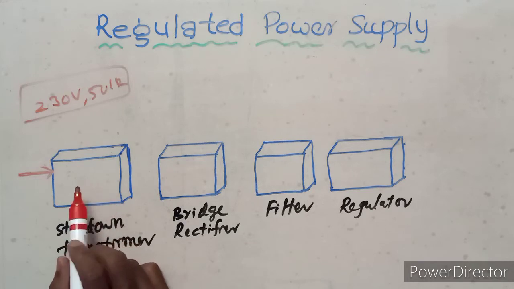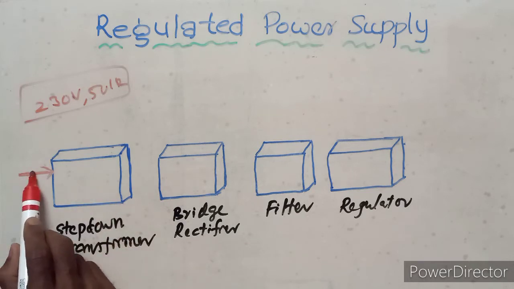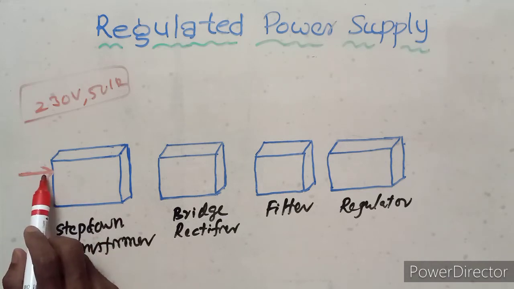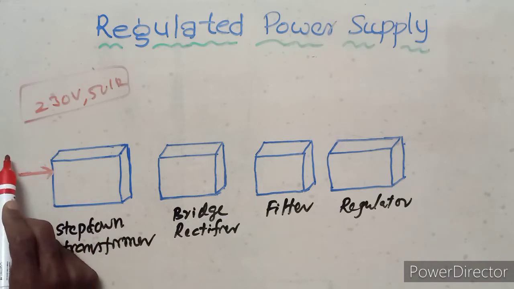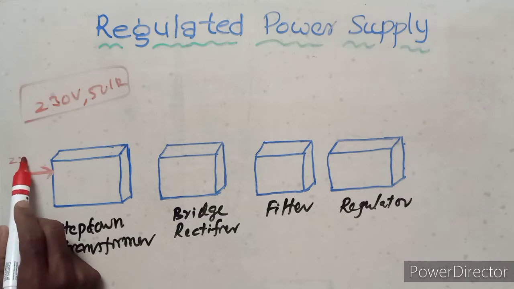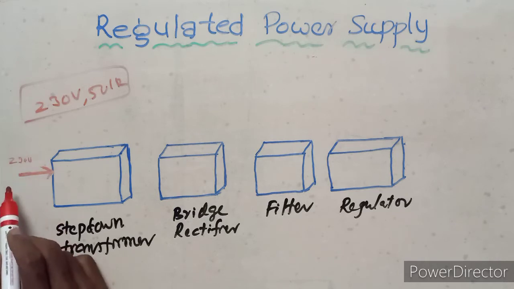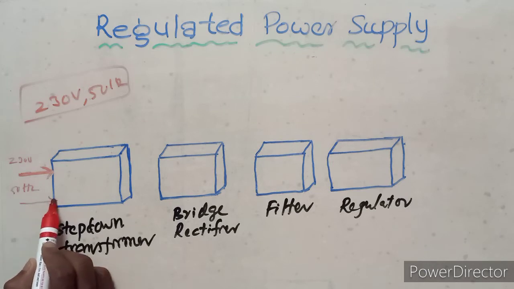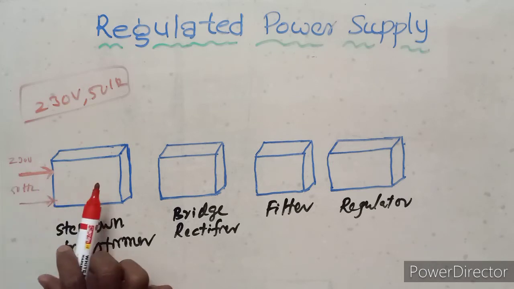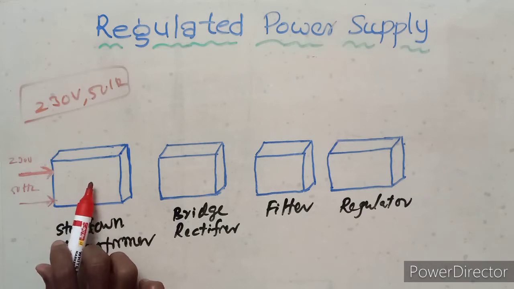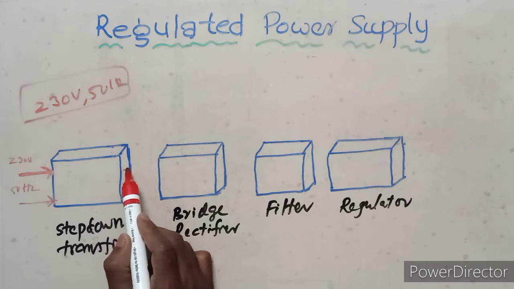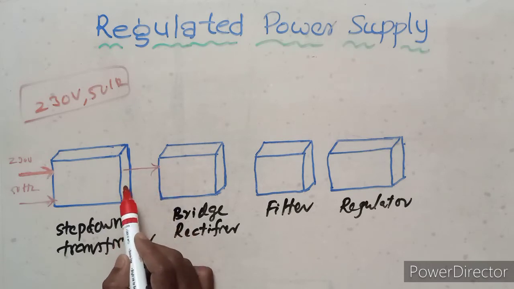So this is the input of the step down transformer. What is the input? This input is 230 volts and 50 hertz, the AC mains. Next, the output.